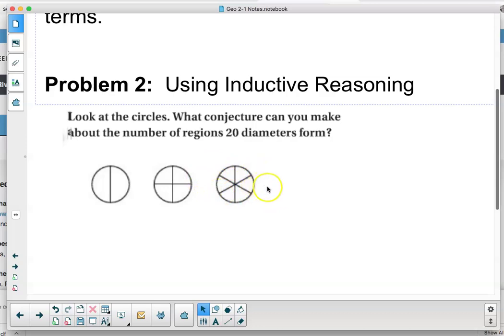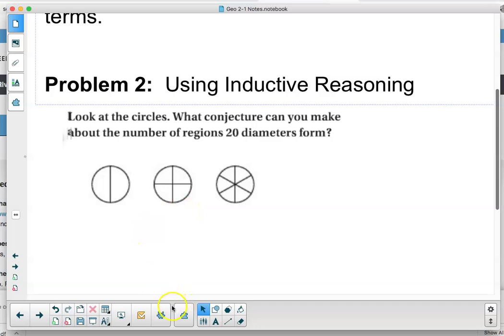Instead of doing the next 17, make an educated guess based on these 3 items. How many regions will 20 diameters form? This is 1 diameter, 2 diameters, 3 diameters.